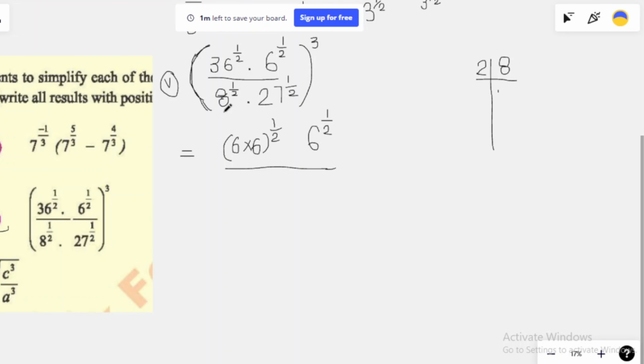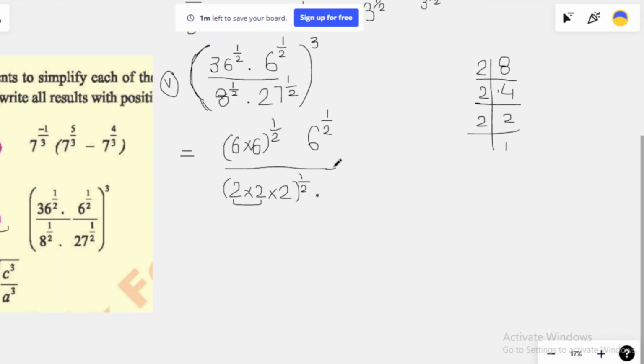But we can simplify this 8: 2 4 times is 8, 2 2 times is 4, and 2 1 time is 2. It means this 8 can be written as 2 times 2 times 2. But we want the square root, and square root means only pairs of 2. So we can make a pair with these two and leave this one.